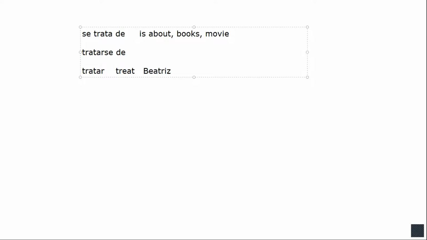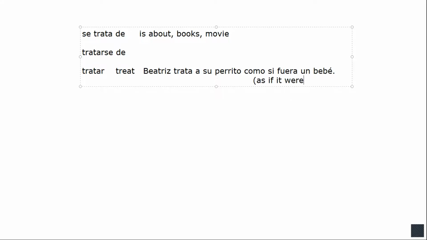Beatriz trata a su perrito como si fuera un bebé. Even though you don't really know that fuera word so well, we'll preface this: como si fuera, as if it were.